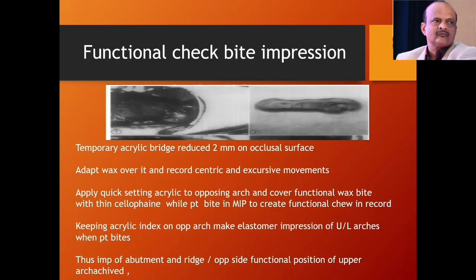Then after obtaining the wax, apply a quick setting acrylic on the opposite arch and cover the functional wax bite with a thin cellophane paper, and make the patient bite in MIP to create a functional chewing record. Keeping the acrylic index on the opposite arch, you make an elastomeric impression of the upper and lower arch.